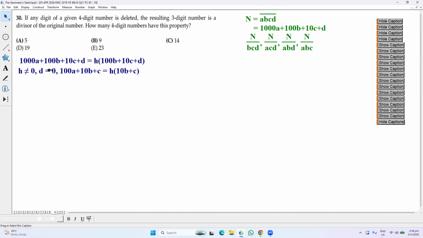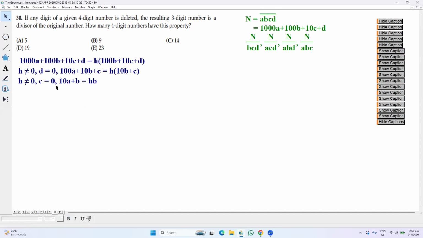If we remove D's 0 and divide by 10, it becomes 100A plus 10B plus C. Again here 0, here 0, here 0. This C has to be 0 because H is not 0. So C is 0.